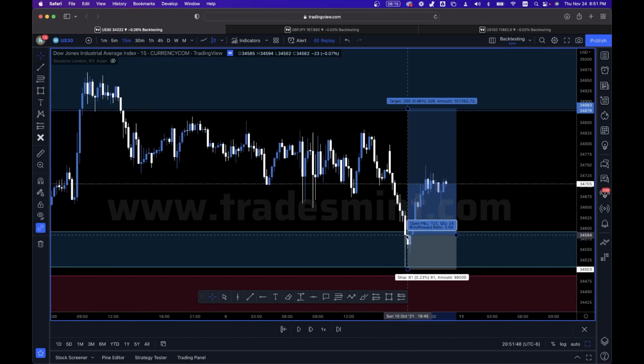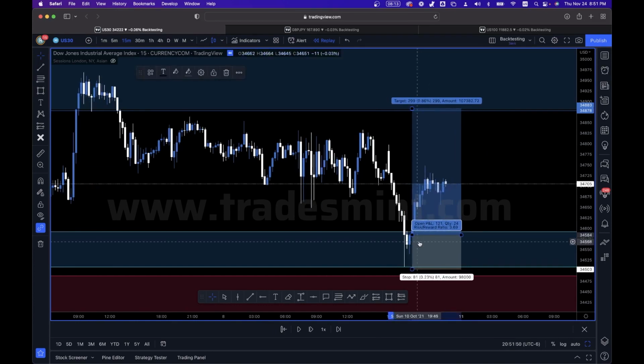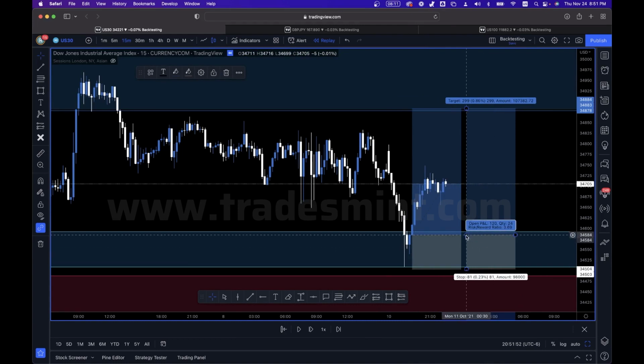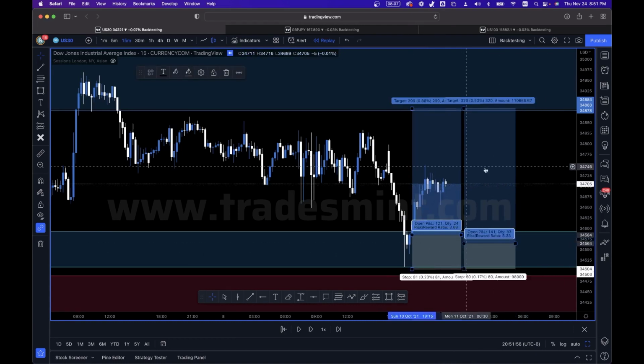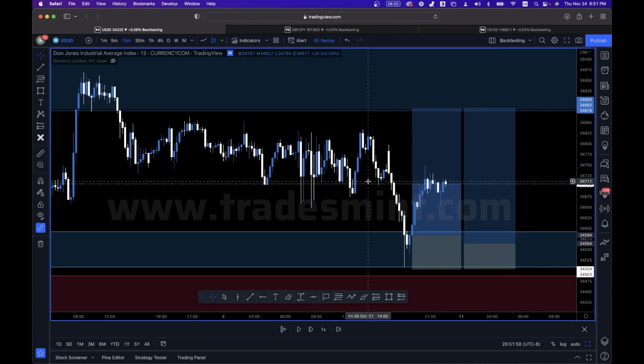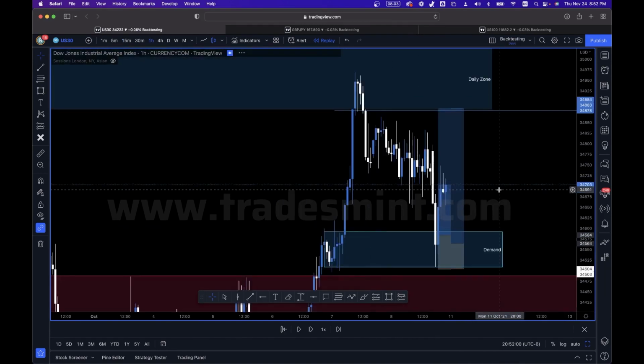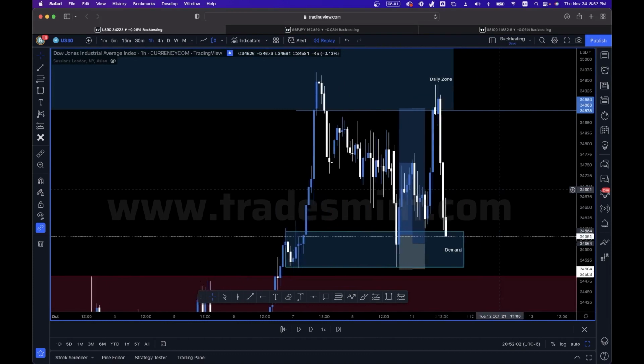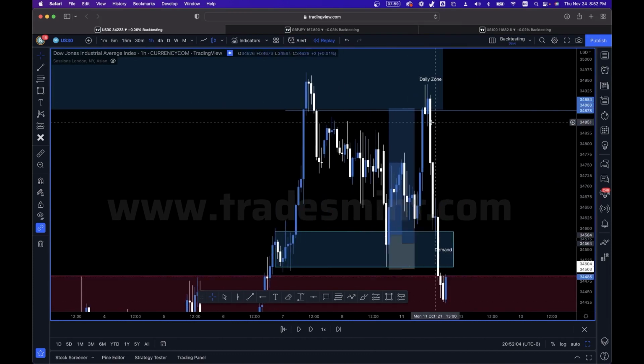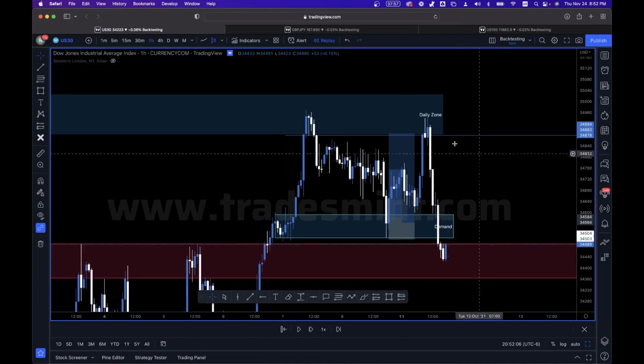Let's say we enter one position here and another position at 50% of the wick. I'm going to talk about this later. So we got a very great, excellent risk to reward. I'm going to speed this up. Boom. Price hits our target, hits that daily zone, and then goes back down.